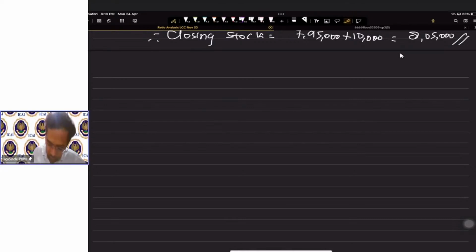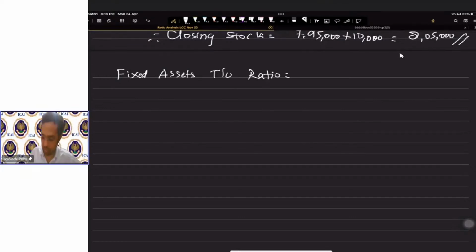So they're using the fixed assets turnover ratio. Now fixed assets turnover ratio is sales upon fixed asset or COGS upon fixed asset.